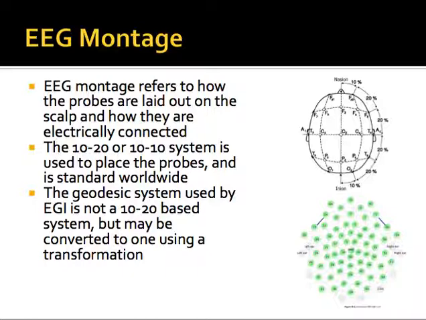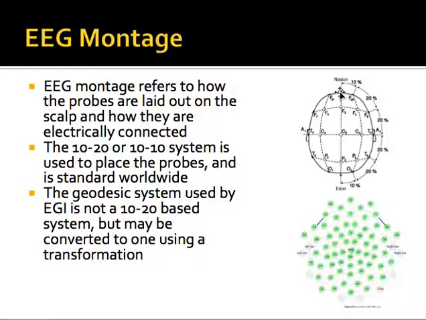Okay, well, let's talk a little bit about the EEG cap or net. In talking about that, first we want to define what is an EEG montage. An EEG montage refers to how the probes are laid out on the scalp and how they are connected electrically. The classic system is the 10-20 or 10-10 system.